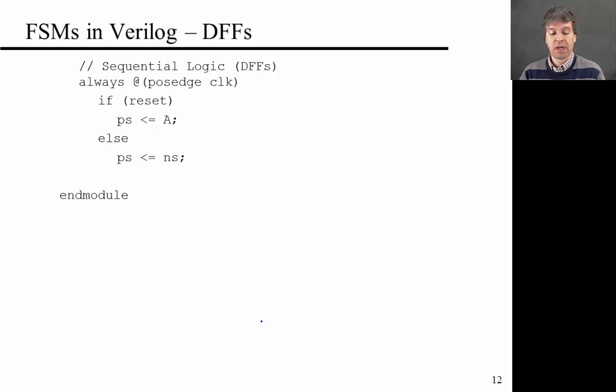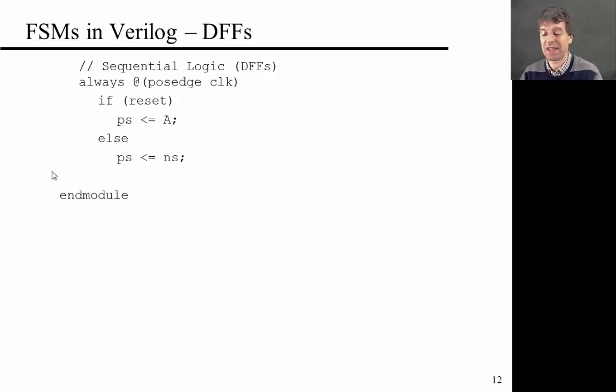Okay, so then of course, I also explicitly need to introduce the flip-flops. And as we've seen previously, this is actually very simple in terms of Verilog. So I'm just going to say that there is an always at pos edge clock block. And I'm going to say if reset is true, present state is A, else present state at the clock edge becomes next state.